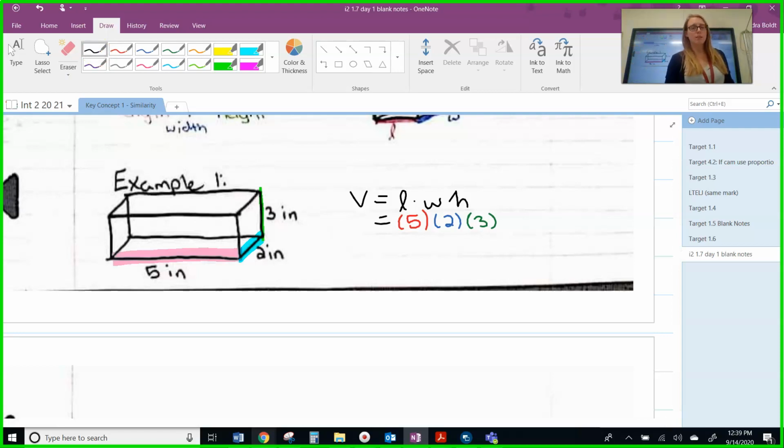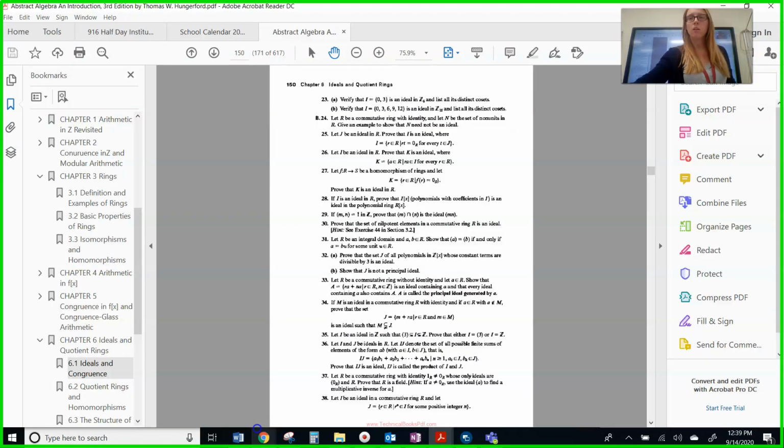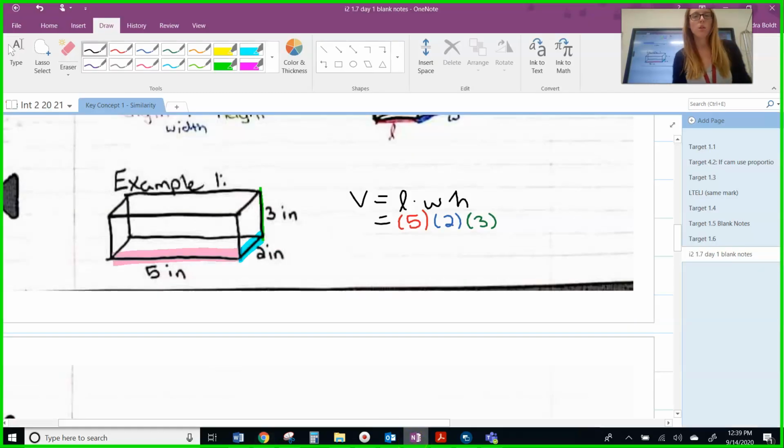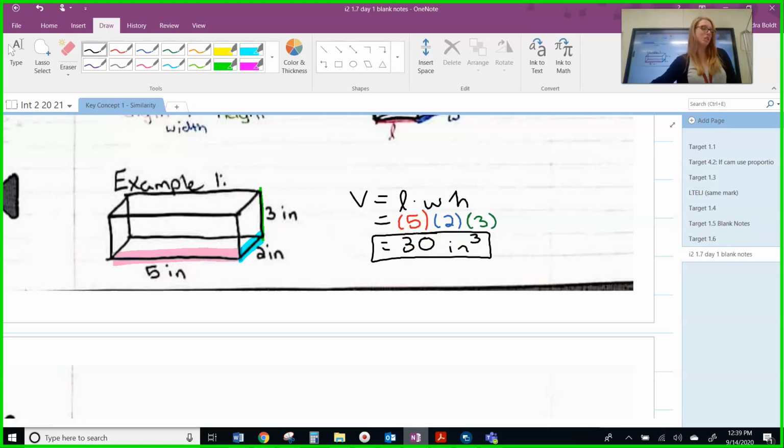Then I'm just multiplying all these together. Again, you can just type it in a calculator exactly how it looks. And we get 30. My unit is inches. And since it's volume, it's three-dimensional, so it's 30 inches cubed.